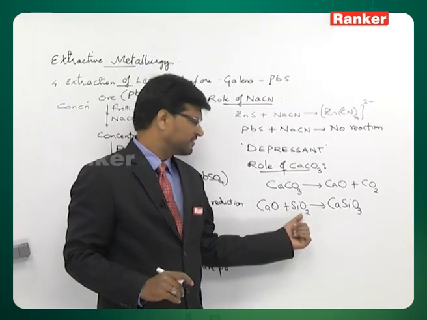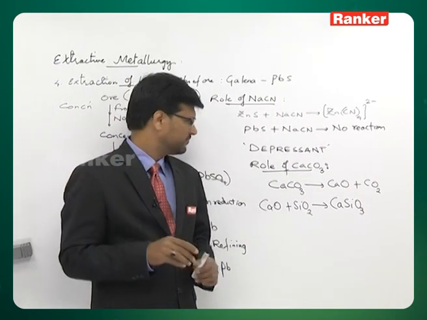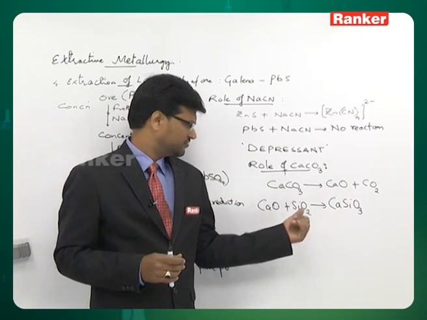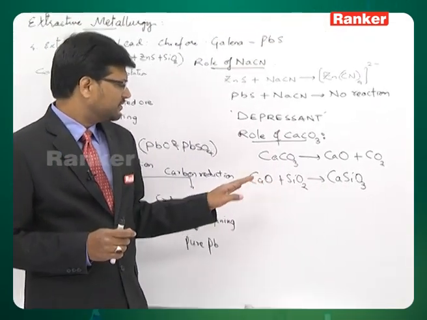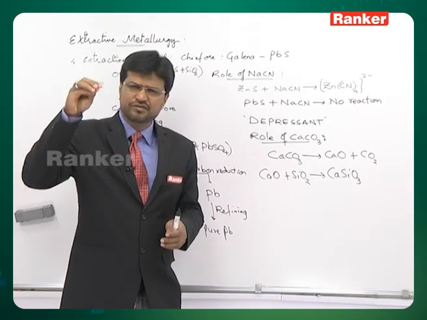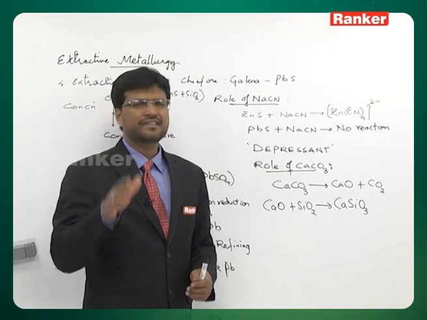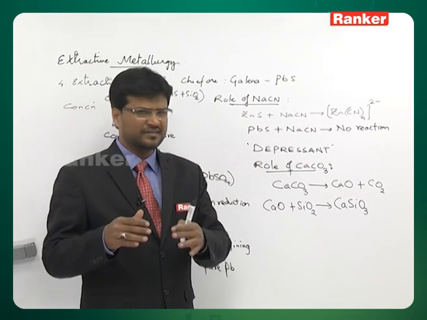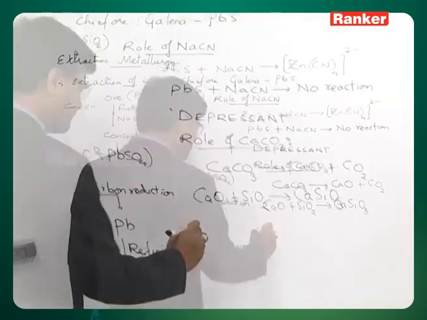In the absence of SiO2, there is every possibility that PbO will get transformed into PbSiO3. That means you are using limestone to bring about this reaction, and in this way you are decreasing the wastage of Pb as PbSiO3. This is one possible reaction.